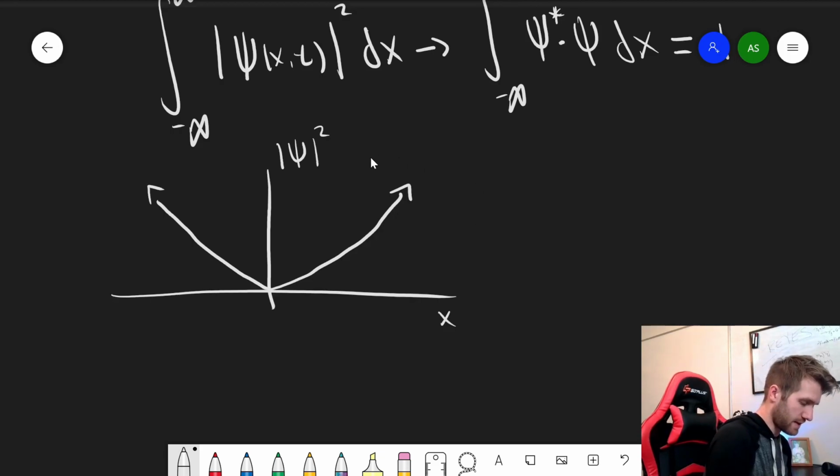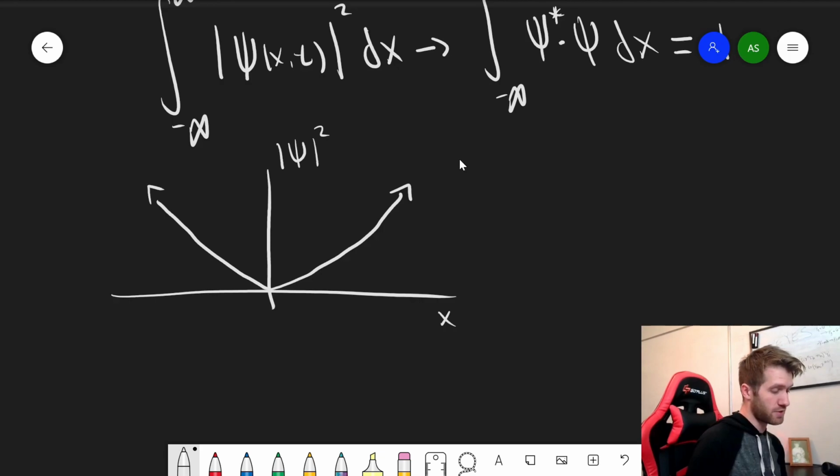So essentially, as x approaches infinity, we have a non-normalizable state. And this is something that comes up. It's not unheard of. In fact, it is something you see when talking about scattering states or free particles. And these are examples of those kinds of situations, which we'll see later in this series.